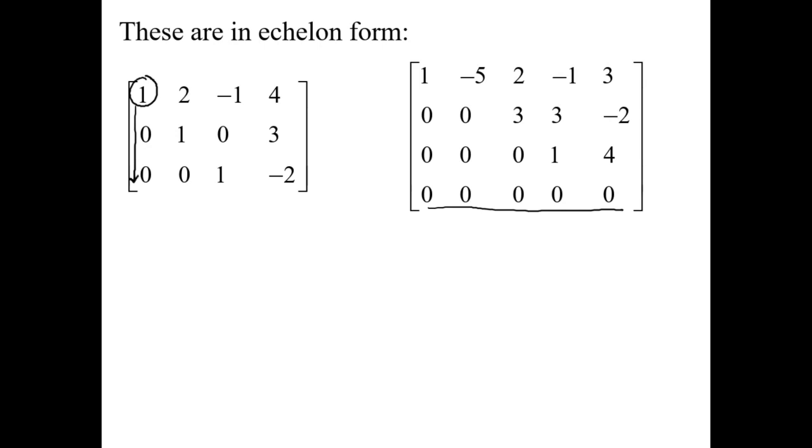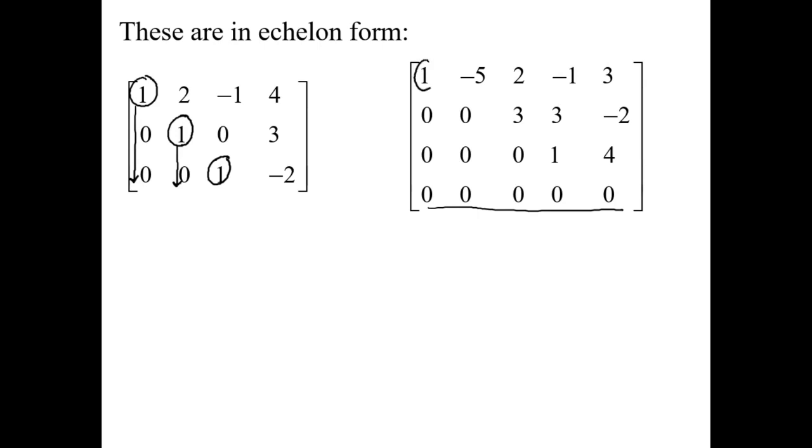The next row, as I read from left to right, the first non-zero number I come to is my lead entry, and it's got zeros below it. And then the next row, the first non-zero number I come to is here, and there's nothing below it. So that's echelon form.